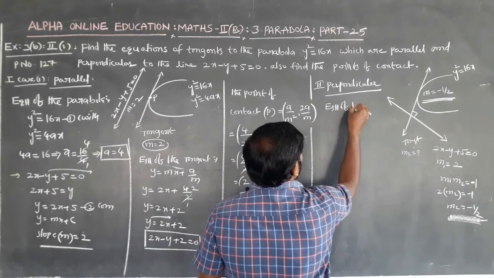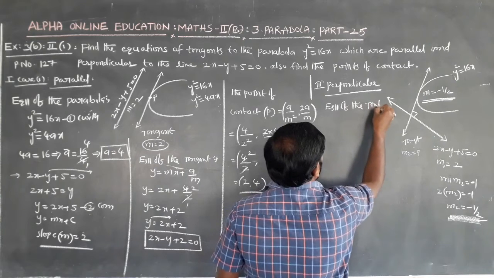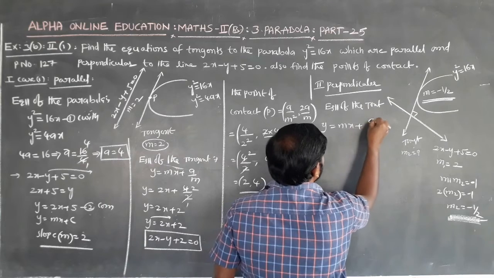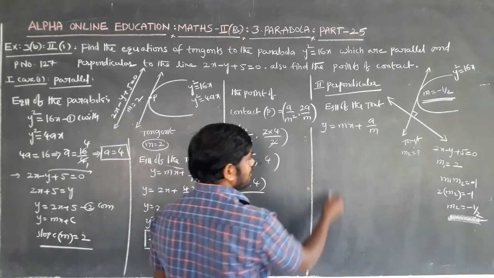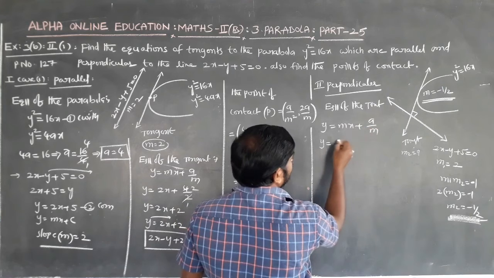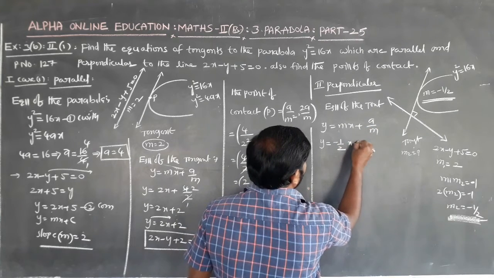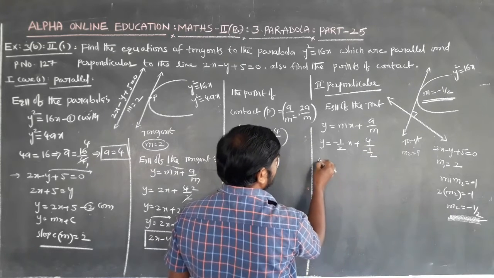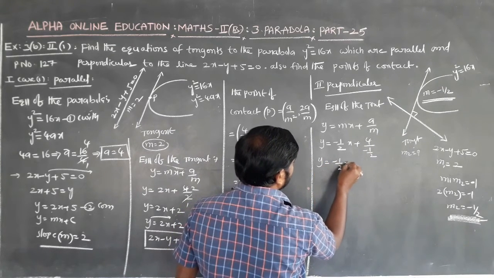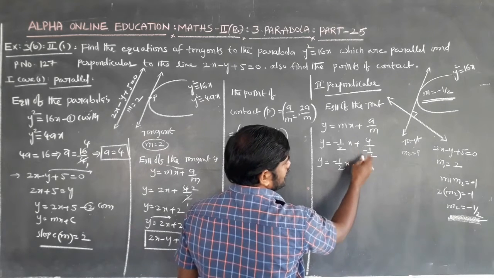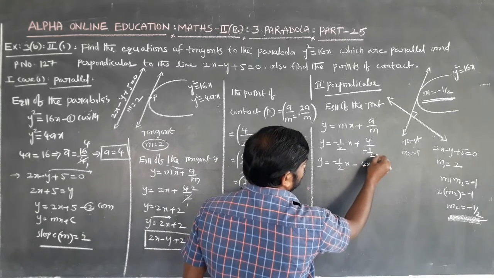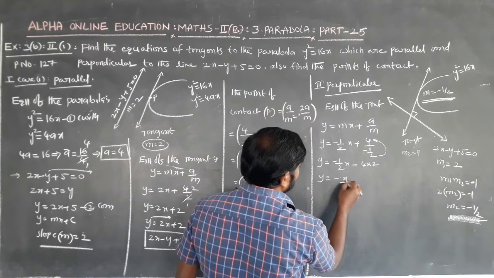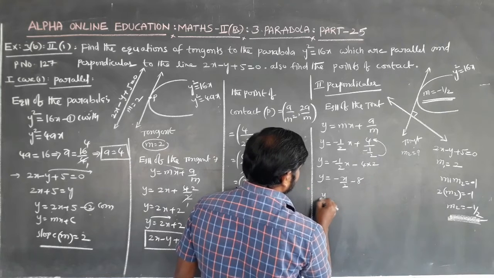So the equation of the tangent is y is equal to mx plus a by m. Y is equal to minus 1 by 2 x plus 4 by minus 1 by 2. So y is equal to minus 1 by 2 x plus 4 into minus 2, so y is equal to minus x by 2 minus 8.